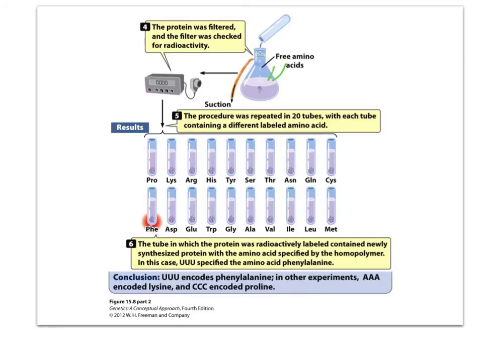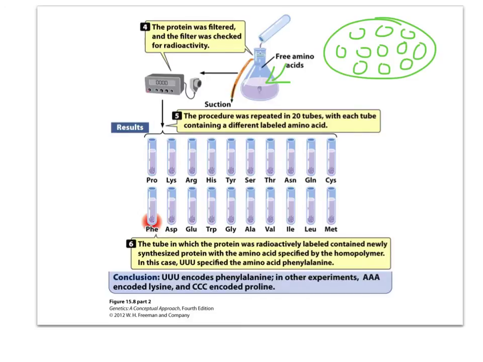Free amino acids that are not built into a protein are going to go through the filter, right? If you think about a filter, it has little holes. So here's that little piece of membrane, has little holes. Individual amino acids can go right through. Woohoo! But a whole chain of amino acids are not going to fit through that hole.